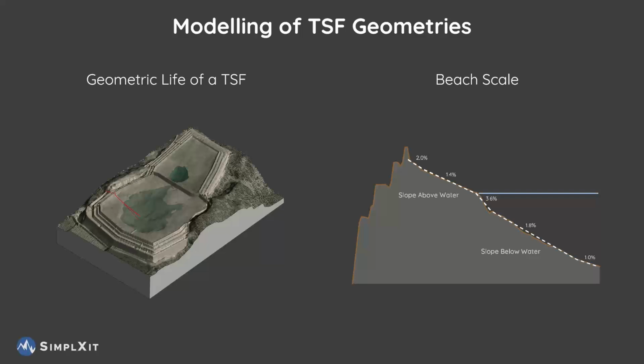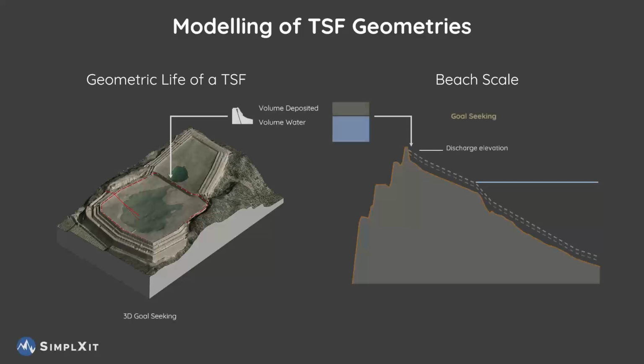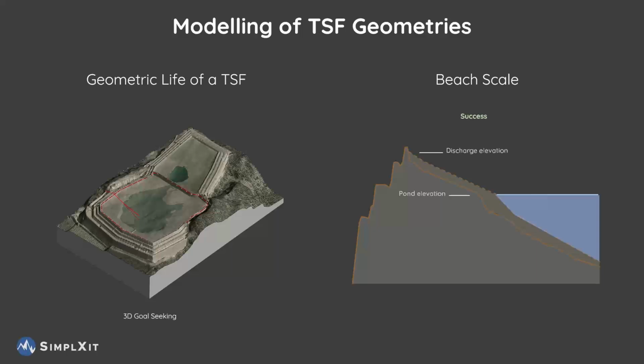The idea is that we will deposit some volume of tailings on top of it, and it will also have some water within the system. We'll estimate the volume based on the tonnage and the density. But ultimately, what we're trying to do is goal seek both the discharge elevation and the pond elevation that will give this specific slope, and then ultimately we'll be able to do this deposition.